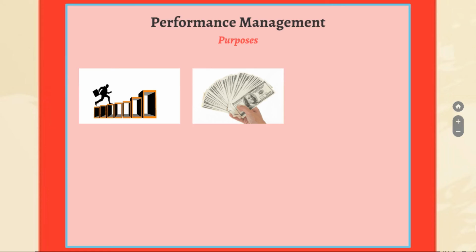Let's take, for example, in the university setting, professors are usually paid in a merit-based system, and most universities use that. How can performance management help with a merit-based system?